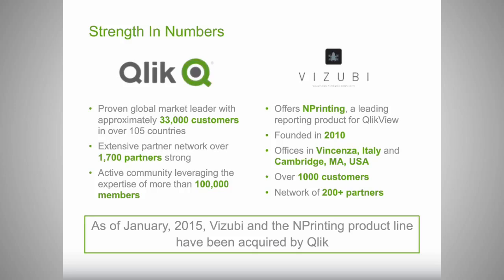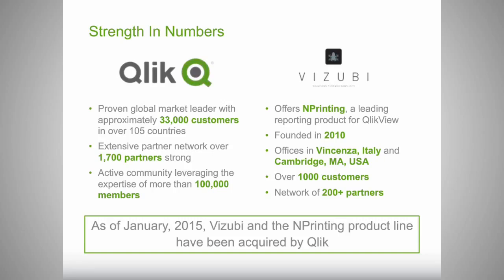Vesubi makes the NPrinting product, which is the market-leading reporting product on top of QlikView. This is a tremendous team based out of Italy in Cambridge with over 1,000 customers and a strong partner network. Together, we believe we can bring this NPrinting product to the Qlik customer base.